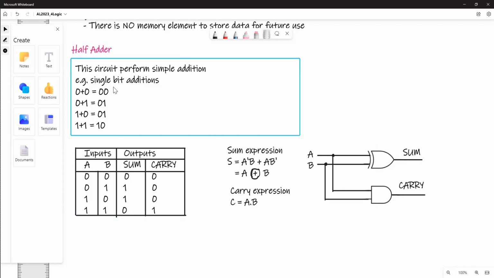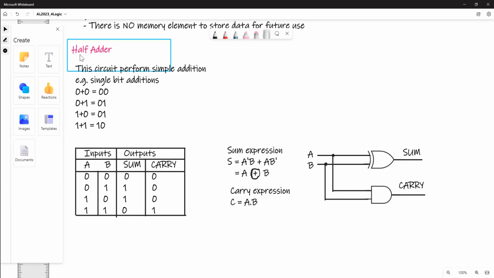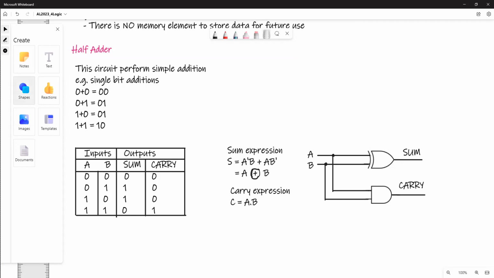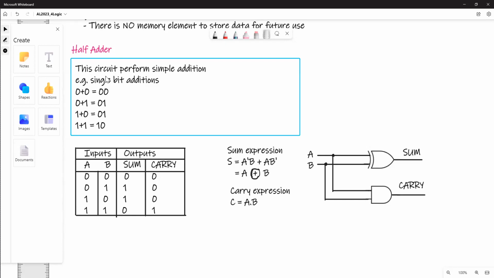So in this one, what we did, we used a half adder. In a half adder, what we know is it simply performs simple addition. If you take single bit additions, if you have 0 and 0, we get 0; 0 and 1 is 1; 1 and 0 is 1; 1 and 1 is 10.